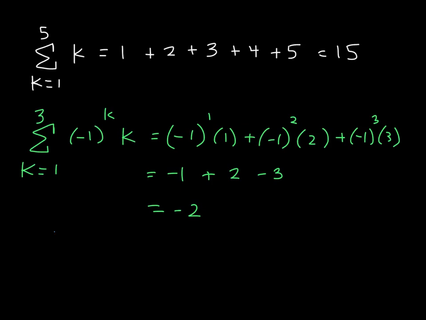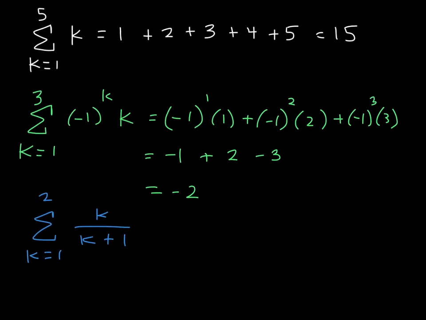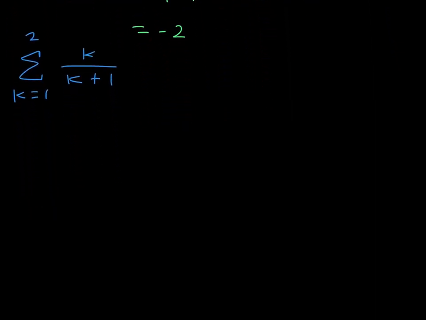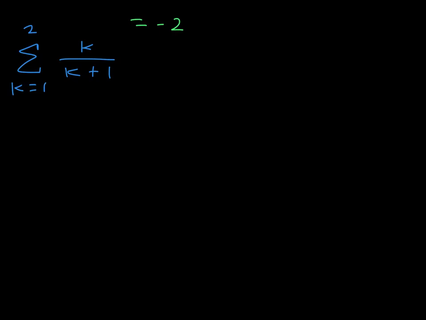We have the sum of k over k plus 1, and we're letting k go from 1 to 2. I would actually invite you at this point in the lesson to pause the video and see if you can come up with this sum on your own. Go ahead and pause the video here.